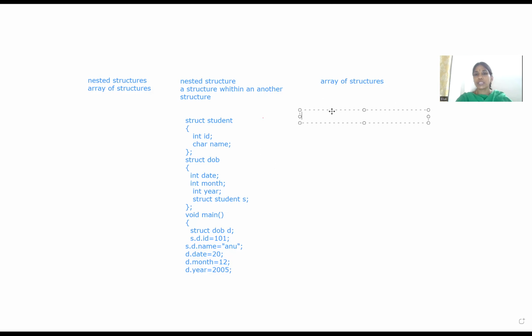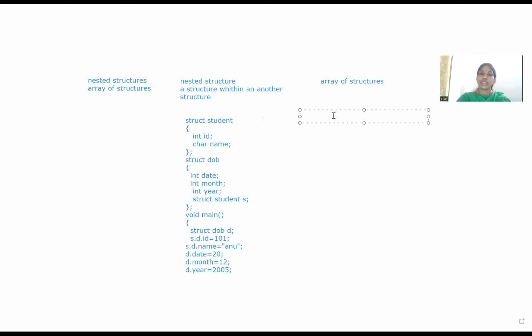So within the arrays, we need to write the looping statements. As usual, multiple elements, we need to enter multiple elements, we need to display multiple elements, we need to store multiple records. So arrays we are using to pass the elements into the array.